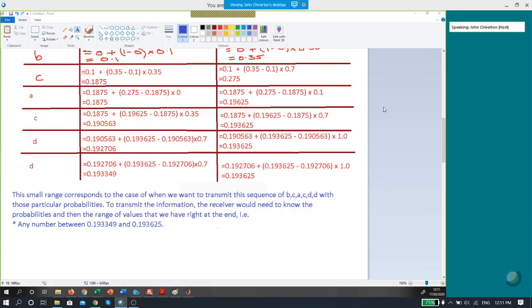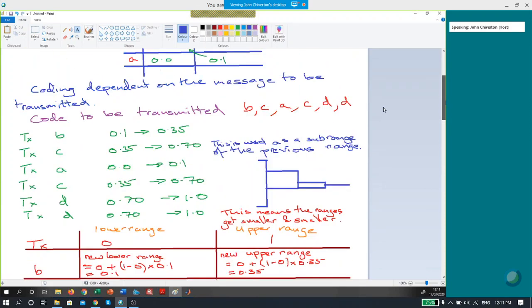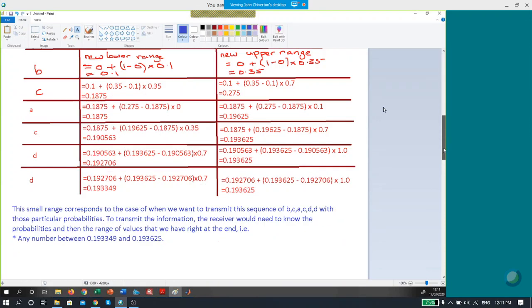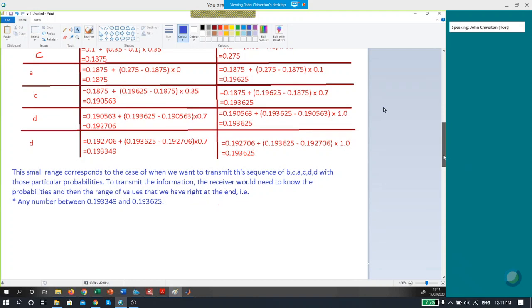Okay, right. So yeah, this is the calculation in action. It's giving us a range of values that we can use to transmit data in a more optimal way, let's say, or in a more generally applicable way.